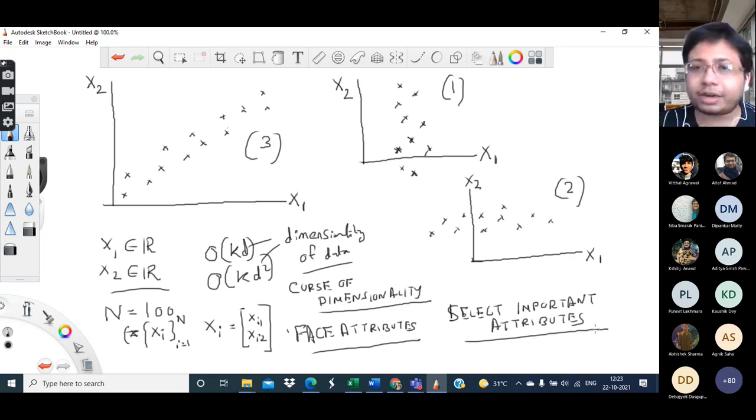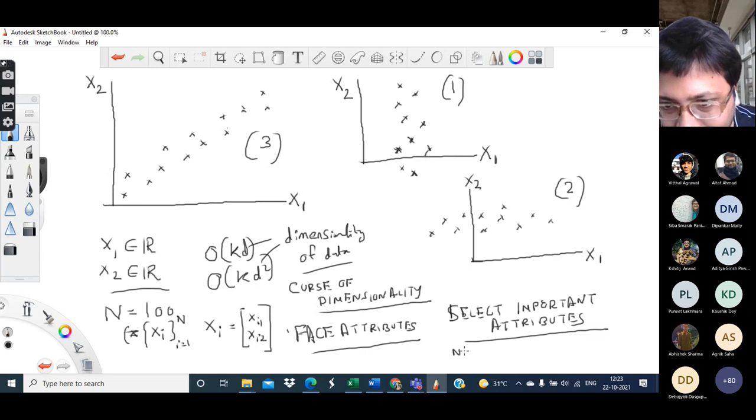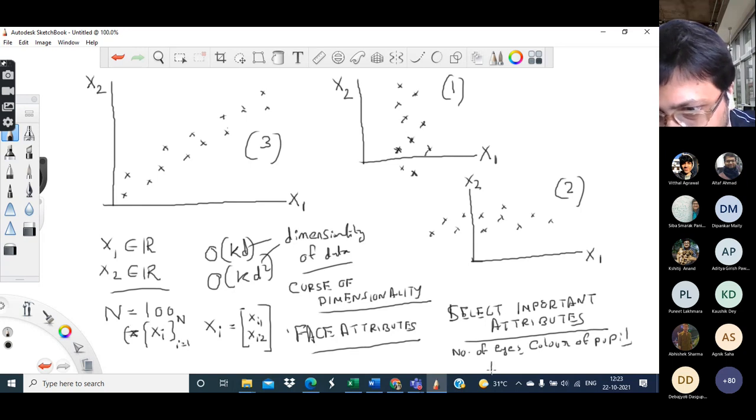Now let us consider the simple human face recognition problem. Let us say that I have three different attributes for the human face. One is number of eyes, the second is color of pupil, and the third one is presence or absence of specs.